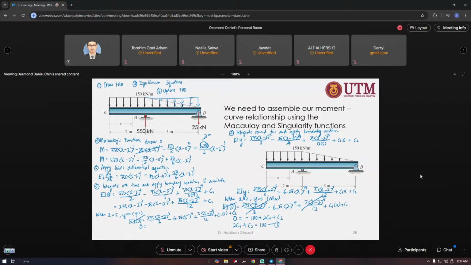Okay, try to do it, calculate it. So 275 times 3 cubed divided by 3. I'll get 2475.